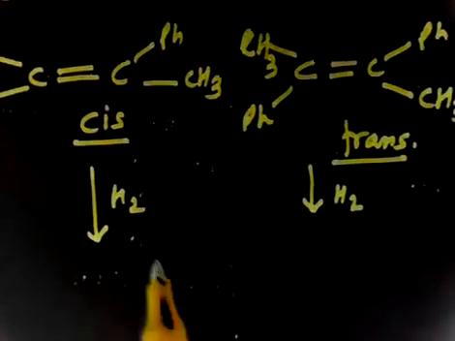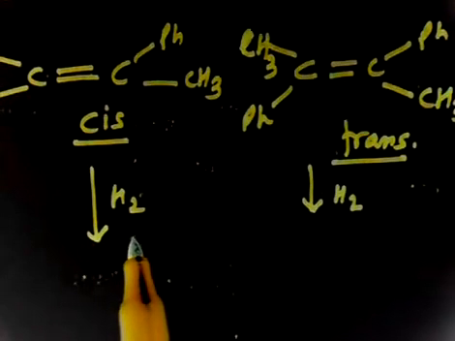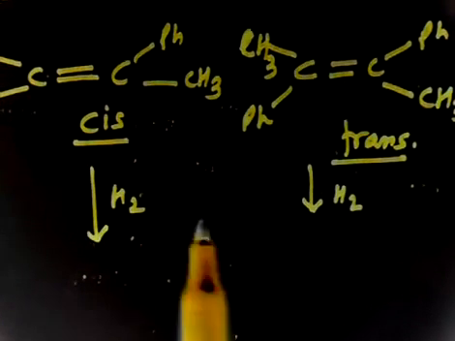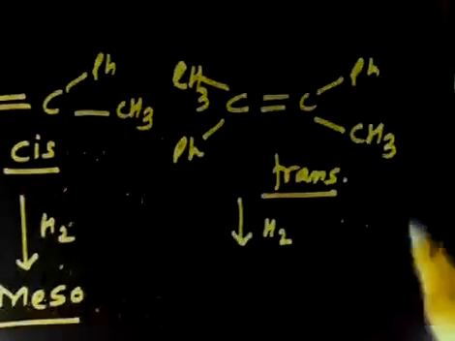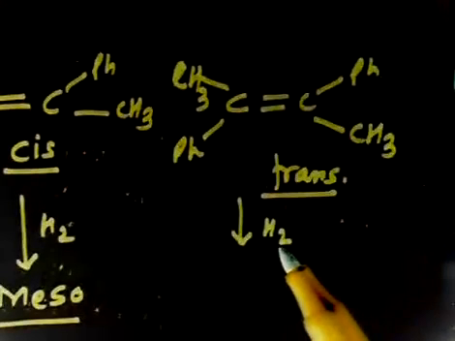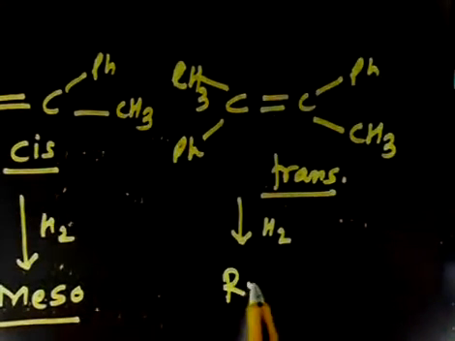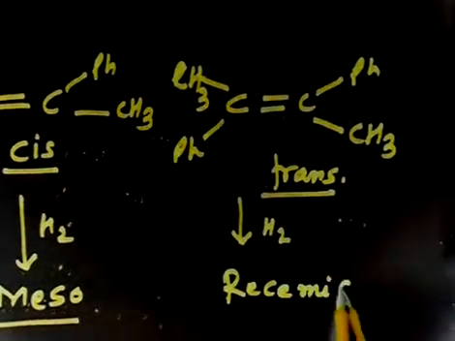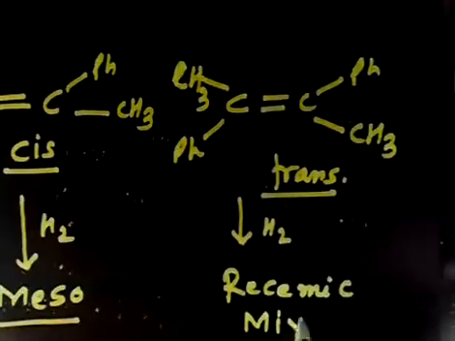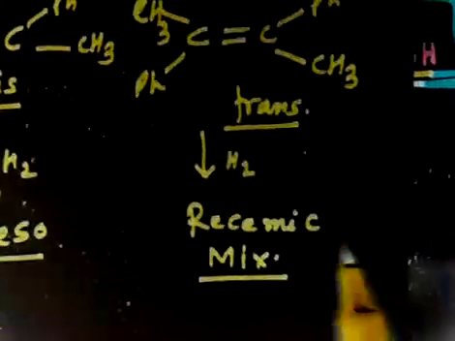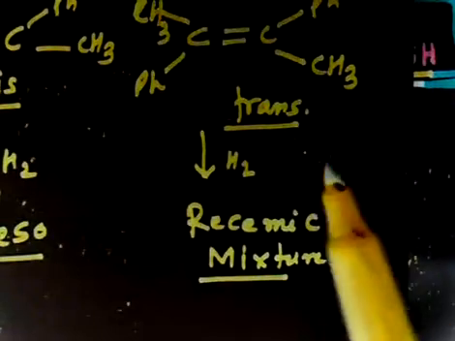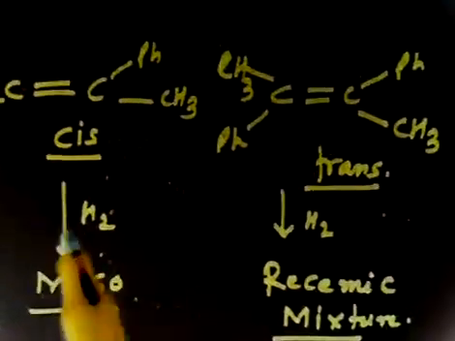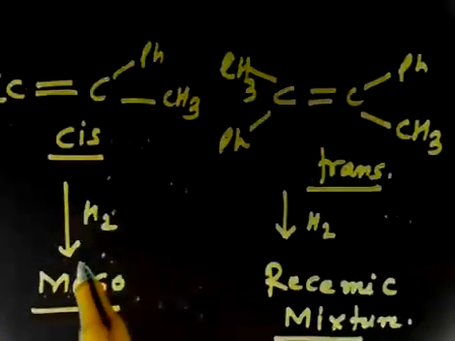Now addition of hydrogen is syn. For cis, syn addition gives the meso product. Are you getting? Now this is trans and hydrogen addition is syn, so you will get a racemic mixture. So in this case you will get a racemic mixture, but in the cis case you will get a meso compound.